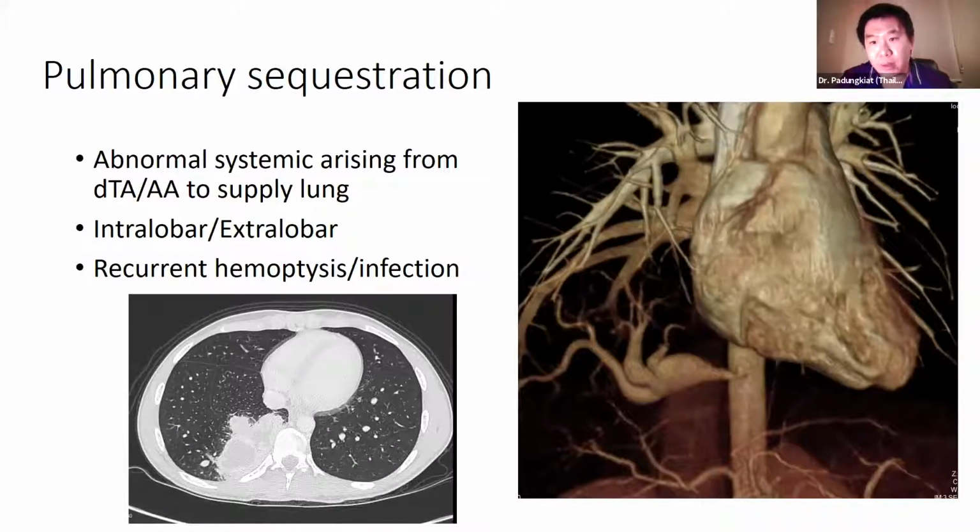So this is a case that I did a couple of years ago. This is a CTA, and you can see my pointer, right? I believe you can. Okay, all right. This is the artery that comes off from the descending thoracic aorta, developing aneurysmal formation afterwards.